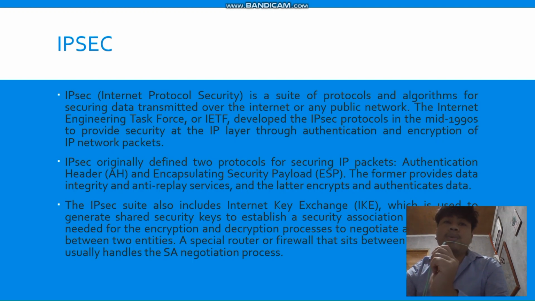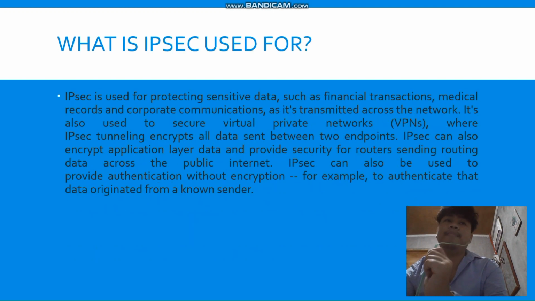The IPsec suite also includes Internet Key Exchange, which is used to generate shared security keys to establish a security association. SAs are needed for the encryption and decryption process to negotiate a security level between two entities. A router or firewall that sits between two networks usually handles the SA negotiation process.